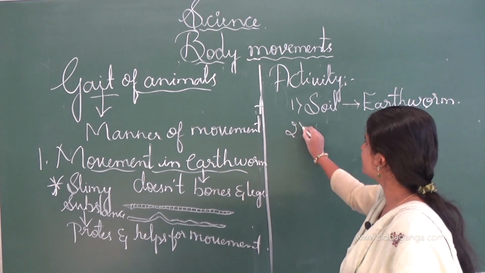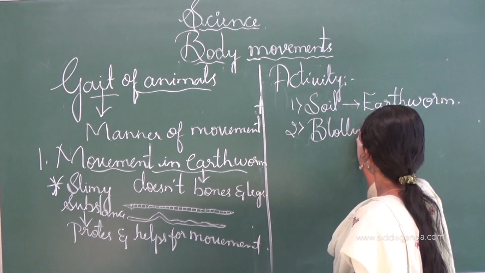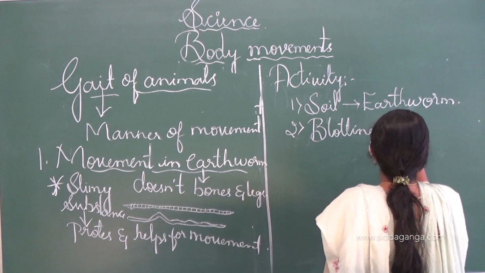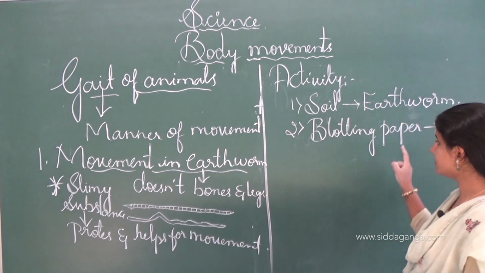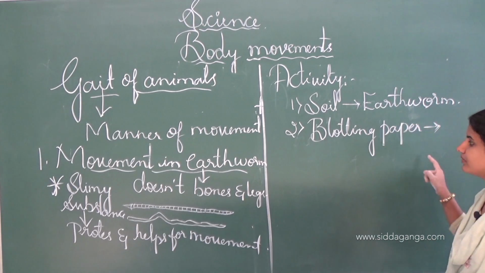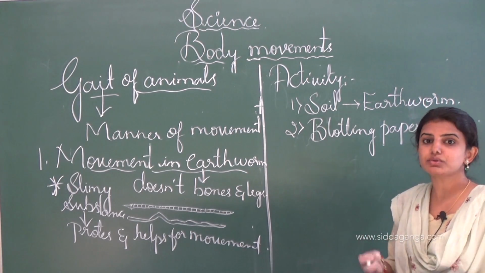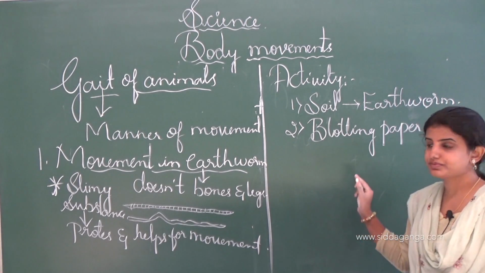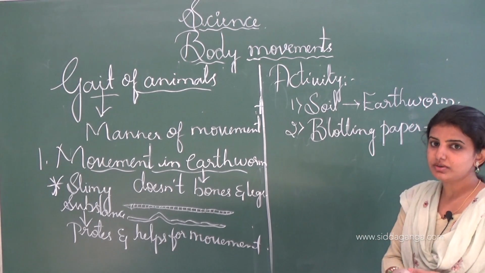And in the second case, we take the blotting paper and keep the earthworm on this paper. We can say that it's difficult for the earthworm to move from one place to another, because it will not fix to a particular place.